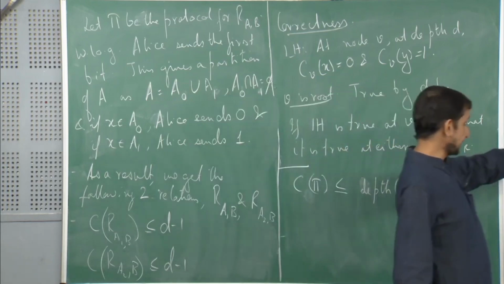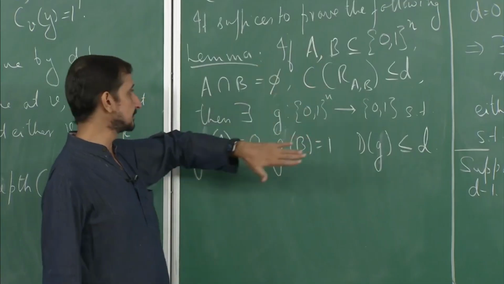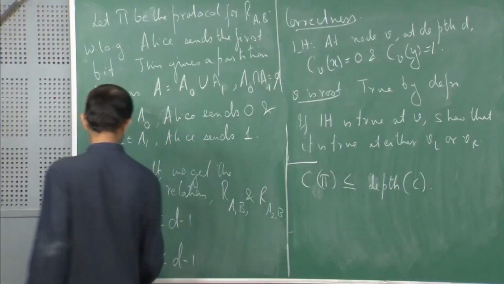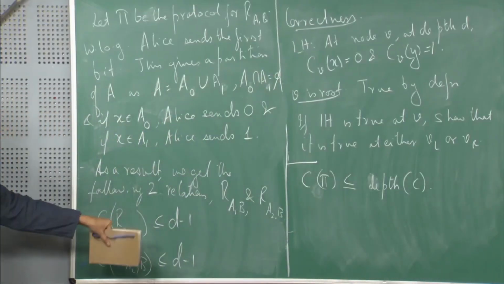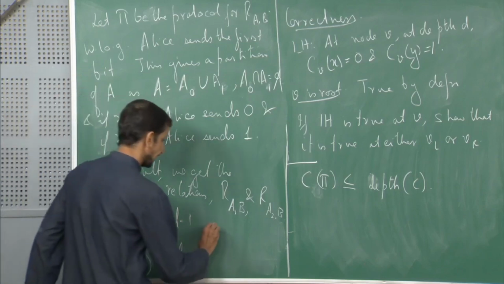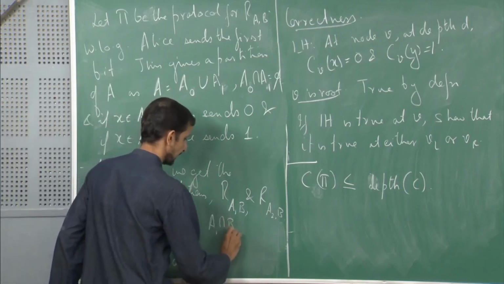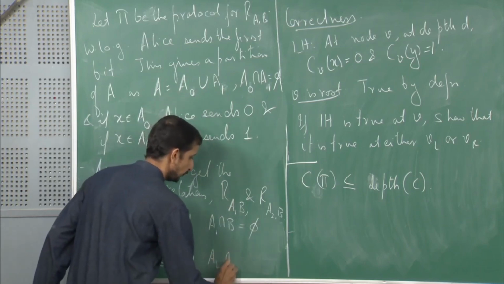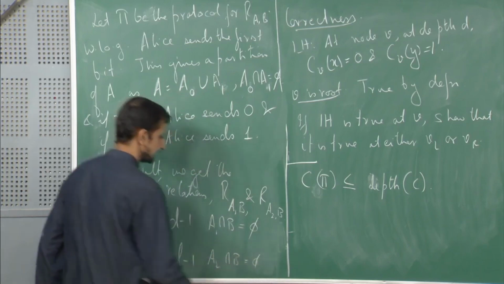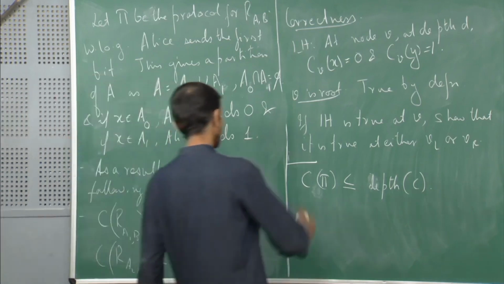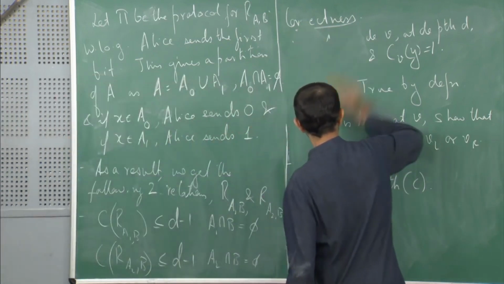Well, we have to make sure that the hypothesis is satisfied. So this part is satisfied. A1 and A2 and B are of course subsets of 0, 1 to the power n, that is clear. We also have that A1 intersect B is empty and A2 intersect B is empty, because A1 and A2 are subsets of A. So therefore, what do we get?